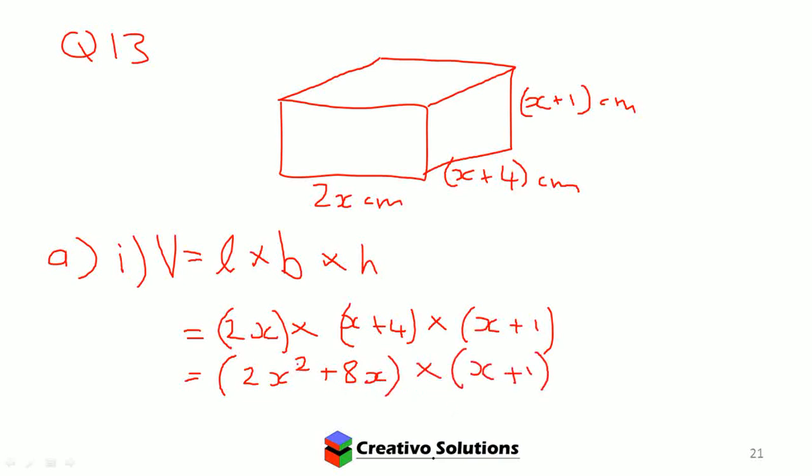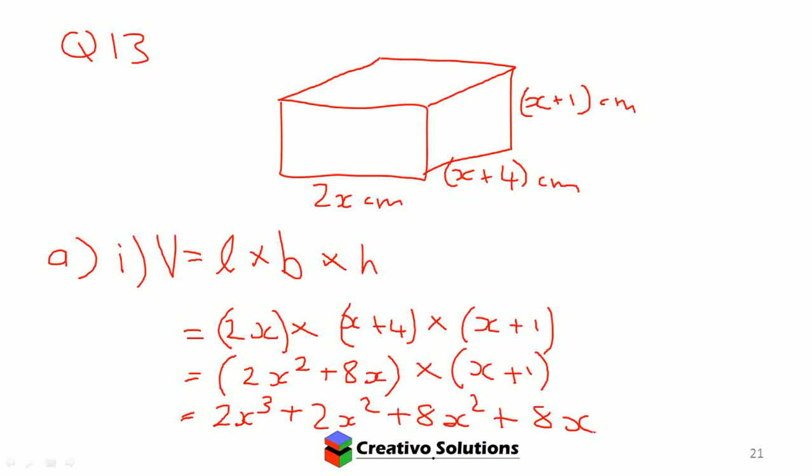So now I'm going to again times first with the first here, so 2x squared times x is 2x to the 3. 2x squared times 1 is plus 2x squared, plus 8x times x is 8x squared, and 8x times 1 is 8x. So that's what I've got currently.